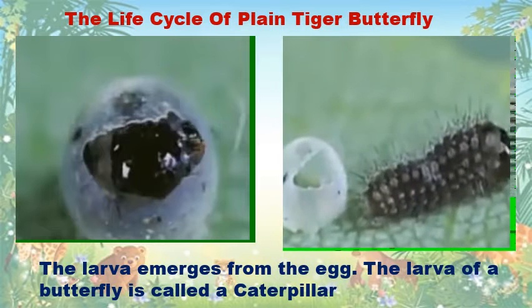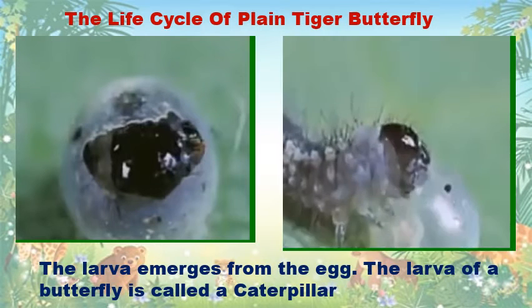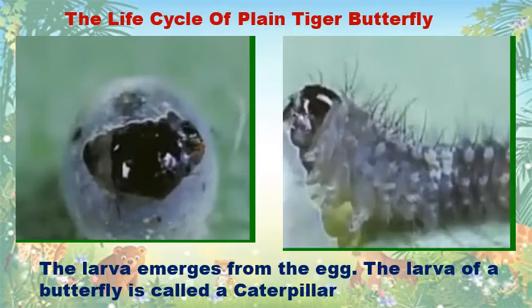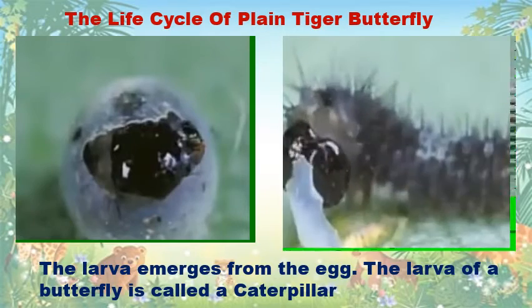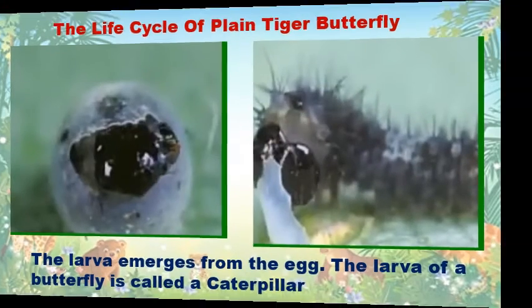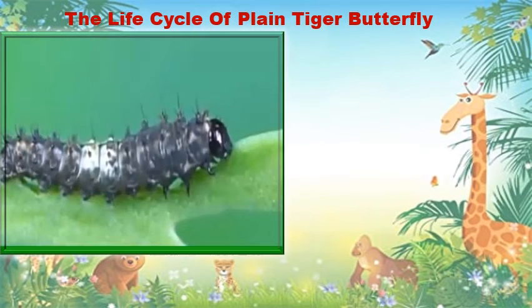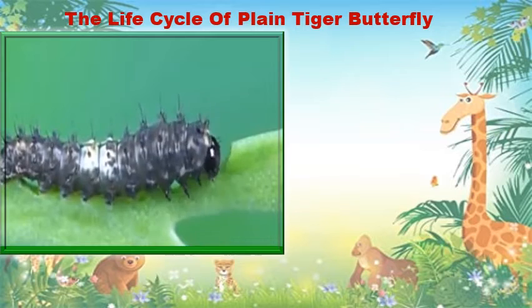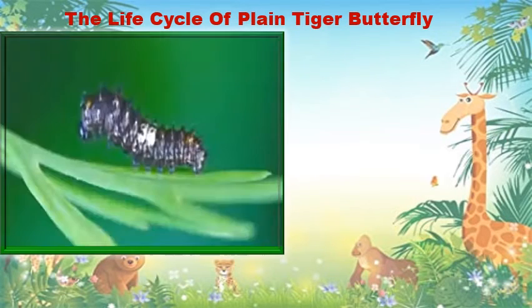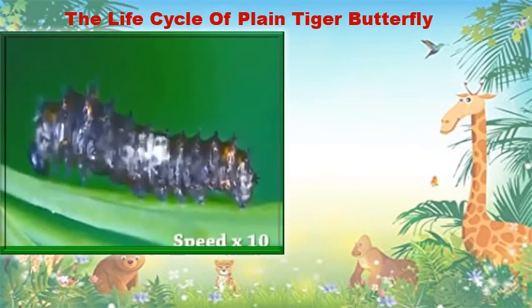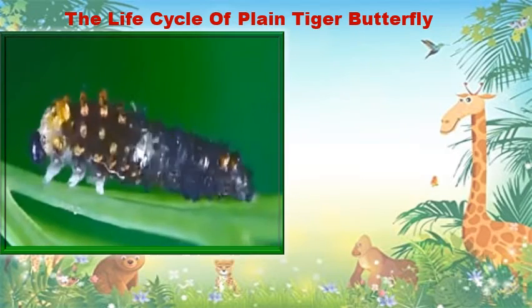See, it eats the eggshell and it eats the leaves. The larva is very hungry. It eats very fast and its growth is very rapid.